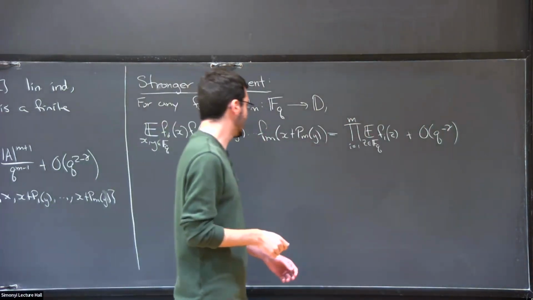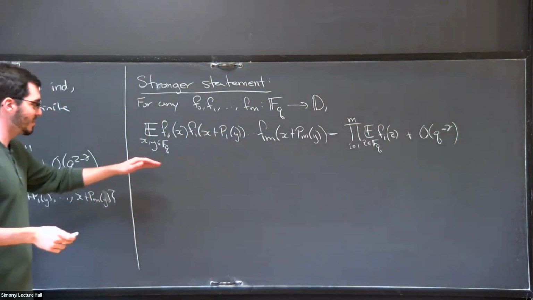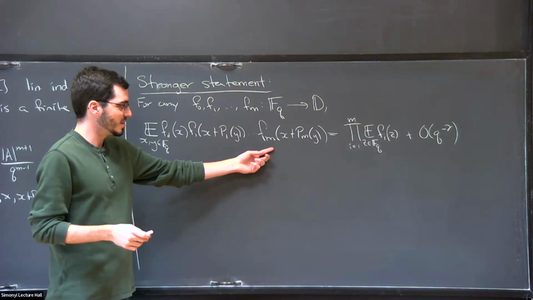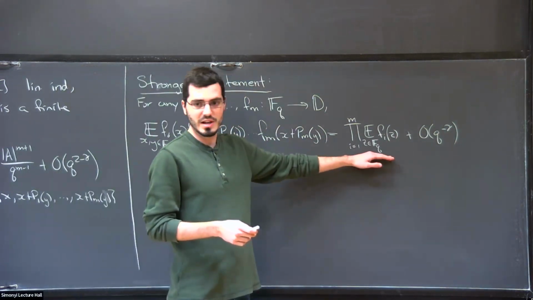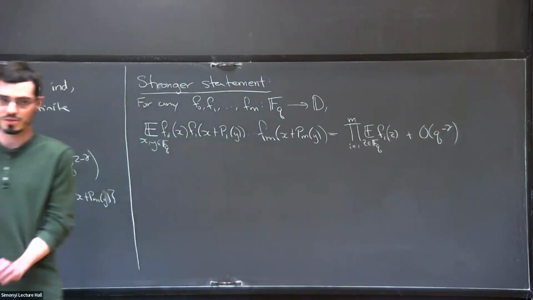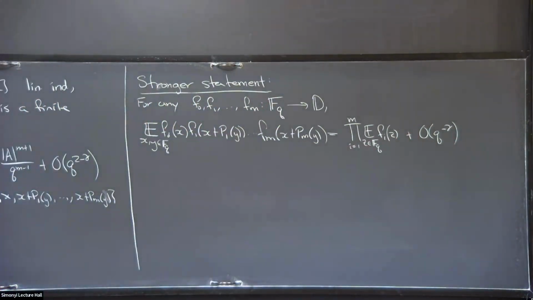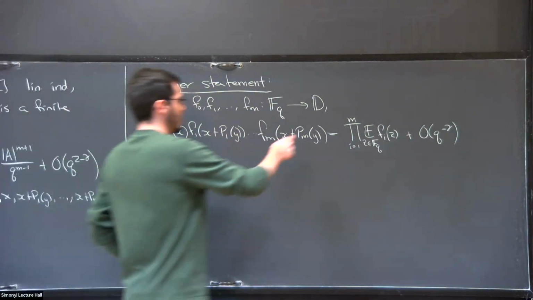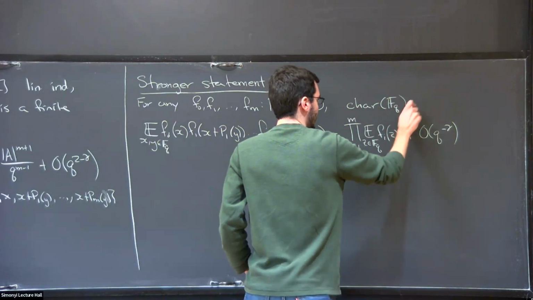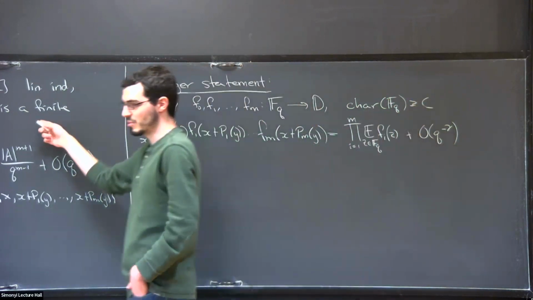So the important thing for now in interpreting this statement is this multilinear average here is essentially the product of the averages of the functions, and then some term that goes to 0 as the size of the field grows. And so again here, I should be assuming that the characteristic of this field is sufficiently large. So same C and gamma.